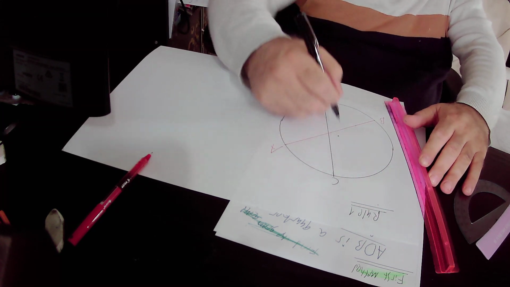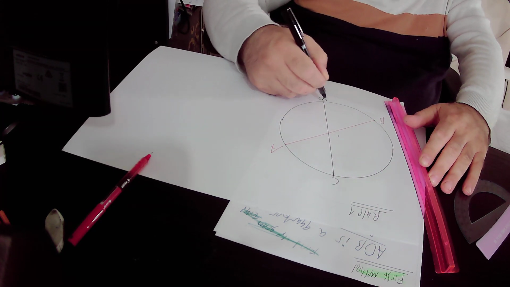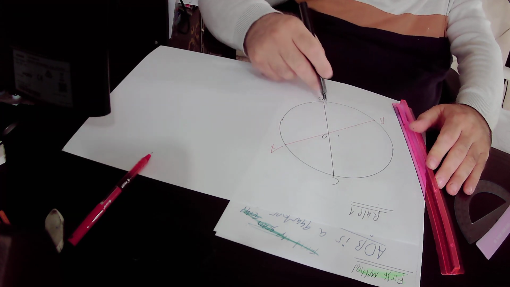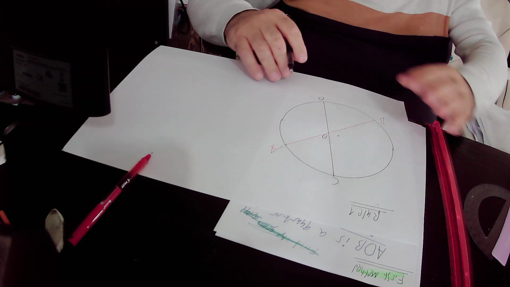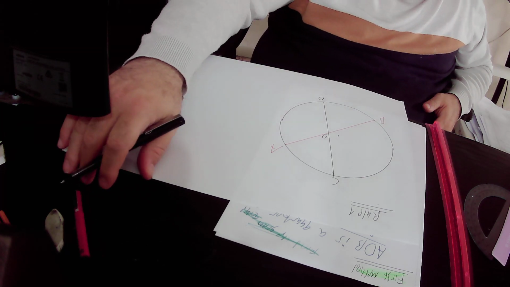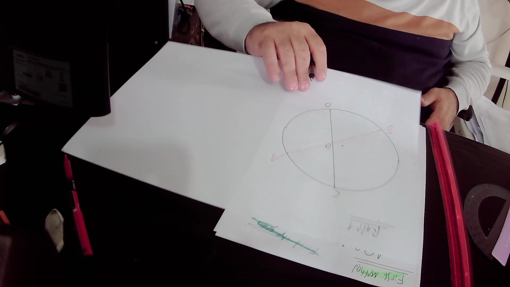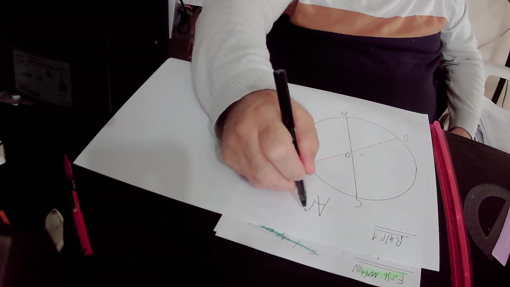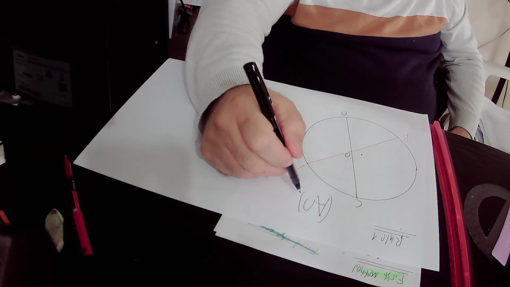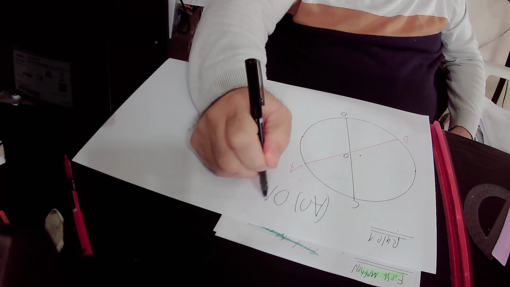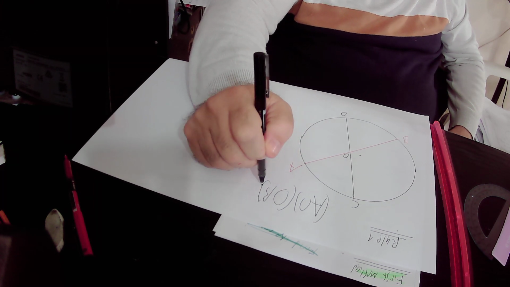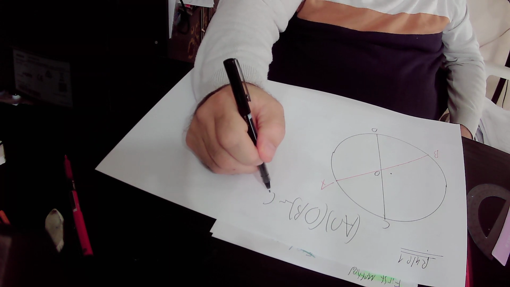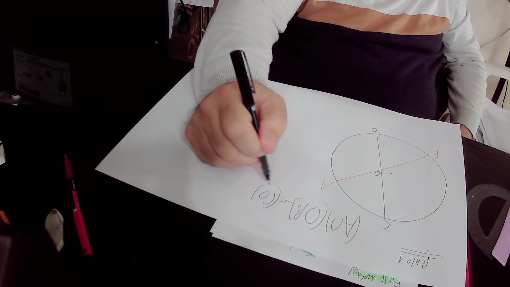And the intersection point is at point O. Again, chord AB intersects with chord CD at point O. So if this is the data that has been given to us, then the following equation is true, that AO times OB equals to CO times OD.